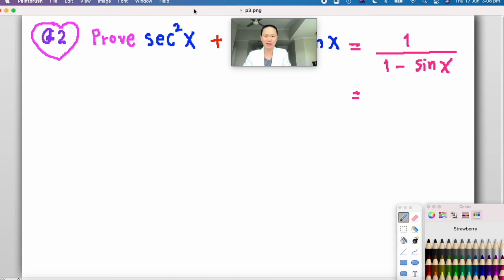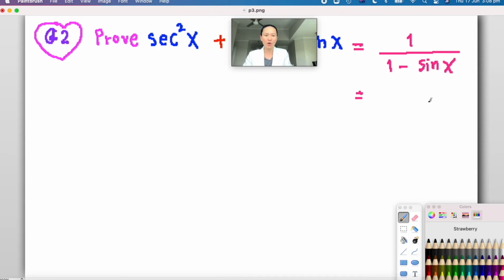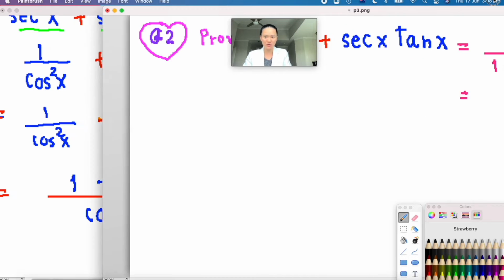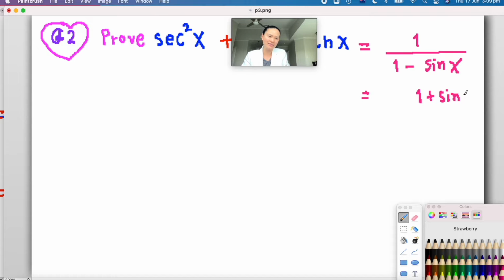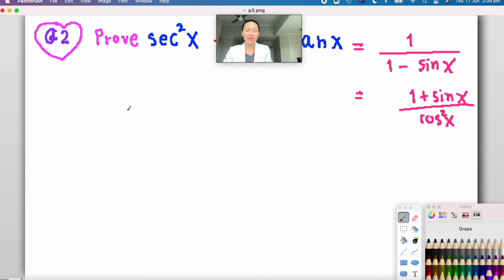We just put them together and we know that all of this equals 1 plus sine x divided by cos x squared. So what does it mean?